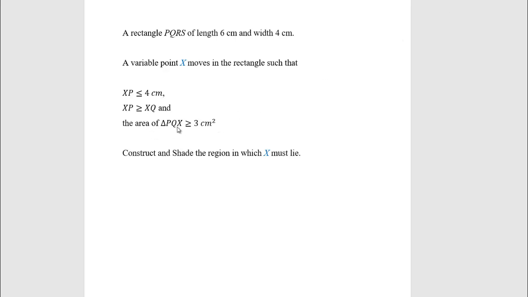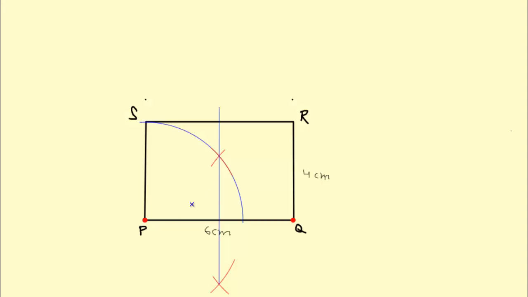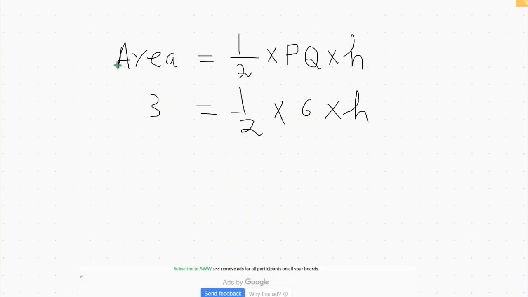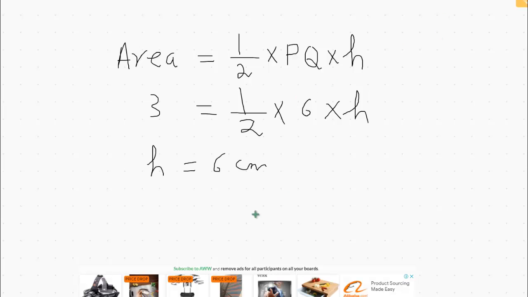In this triangle, the line PQ is the fixed line and X is the moving point. So we will take PQ as the base, and PQ is 6 centimeter. Therefore, using the formula for the area of the triangle, the area is 3 and the base PQ is 6, now we will find the height of this triangle.